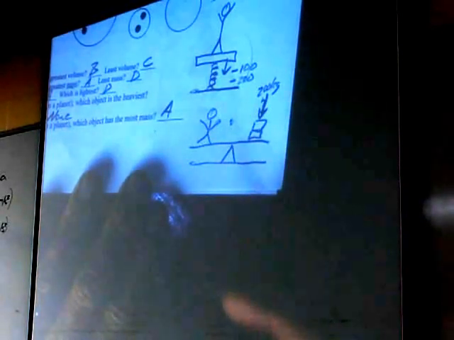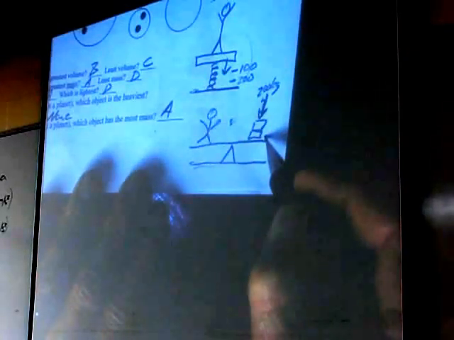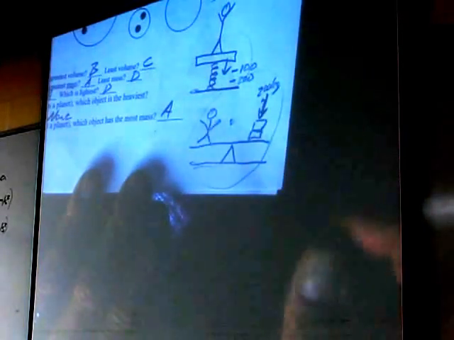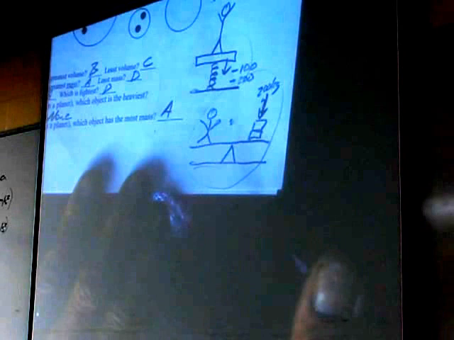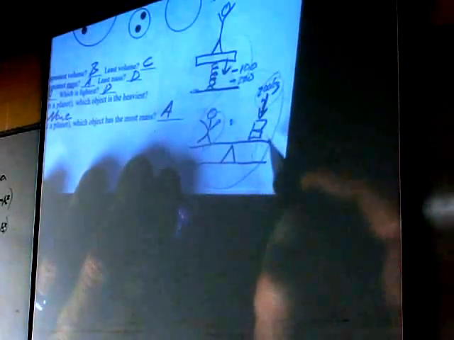If you did this on Earth, there's 200 kilograms of mass, you're both perfectly balanced. Then we move the whole setup to the moon, would you still be perfectly balanced? Yes or no? Yeah, you would. There'd be less gravity pulling this down, there'd be less gravity pulling you down, but you'd both decrease, so you'd still balance. So this is more of a measure of mass, and this other thing is just a measure of weight.